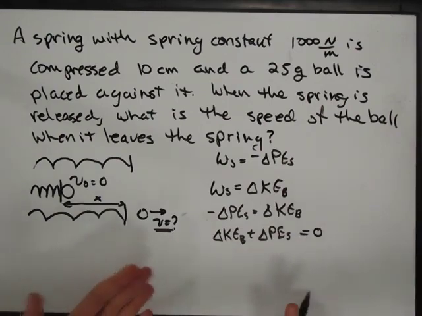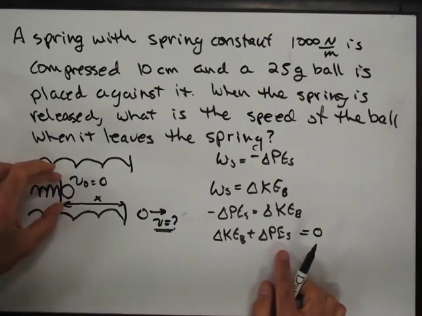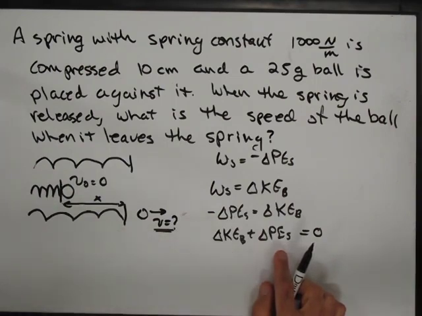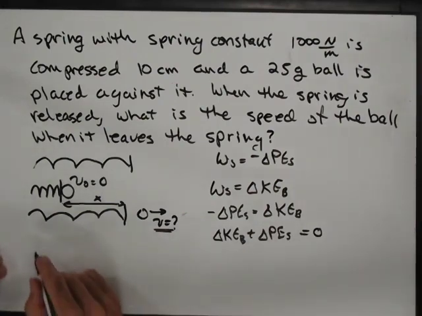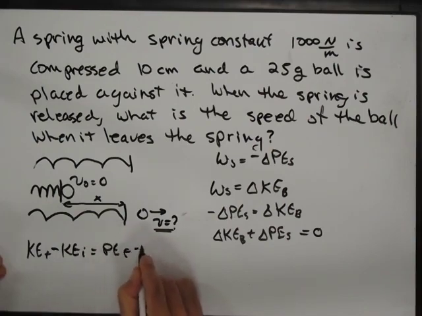And so I would have just started this problem with this equation. I would say, look, the spring is storing potential energy. It's 1/2 kx squared. The ball gets kinetic energy. It's 1/2 mv squared. And so I'd say KE final minus KE initial equals PE final minus PE initial.